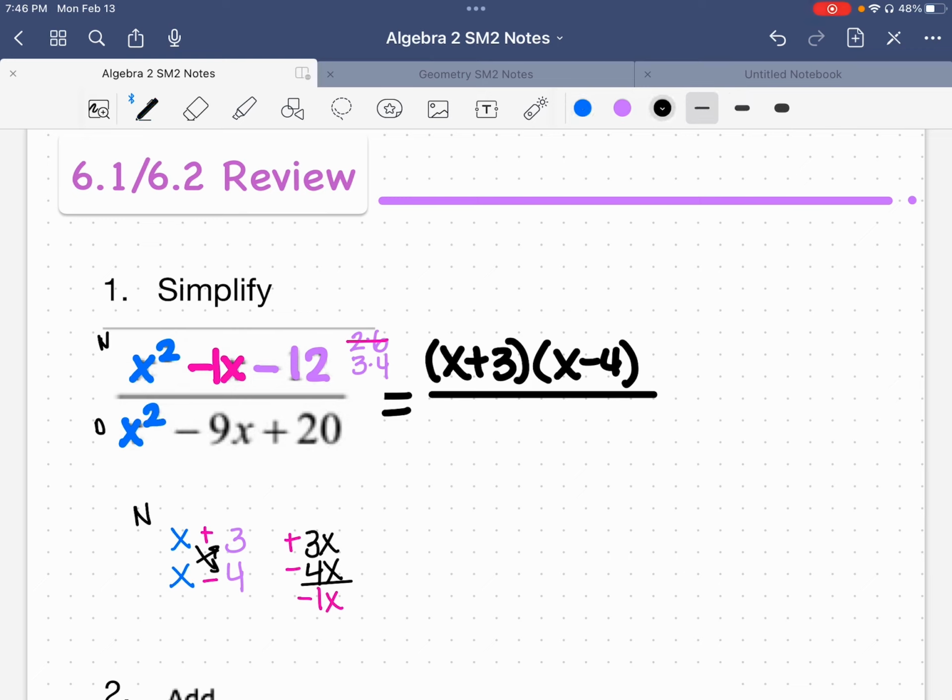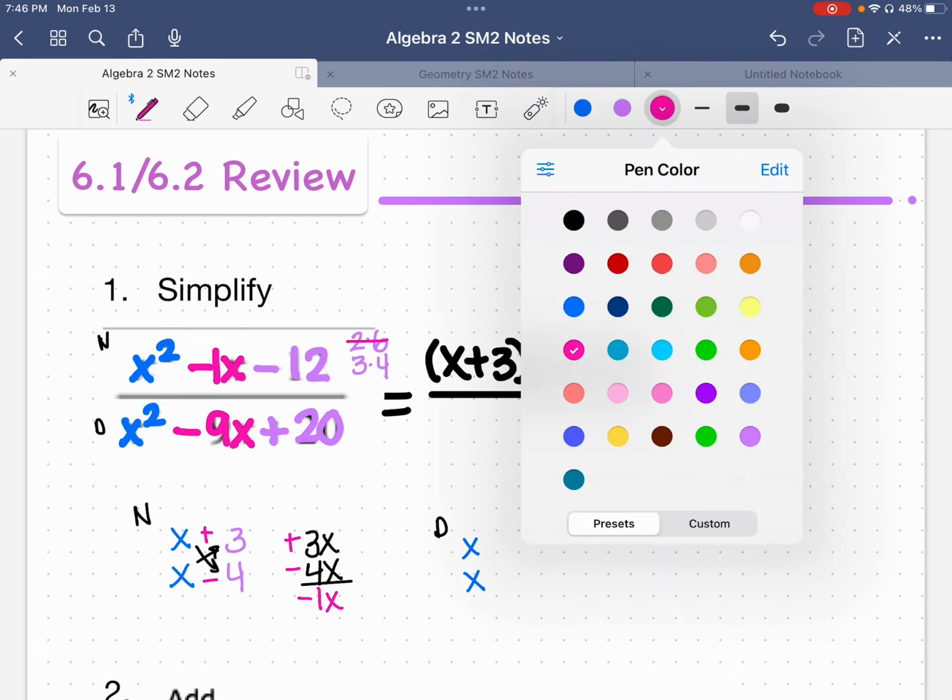X times x is, of course, x squared. And we're going to do the same thing with positive 20. I want two numbers that when I multiply them, I get 20, but when I add them together, I get 9. More specifically, negative 9.